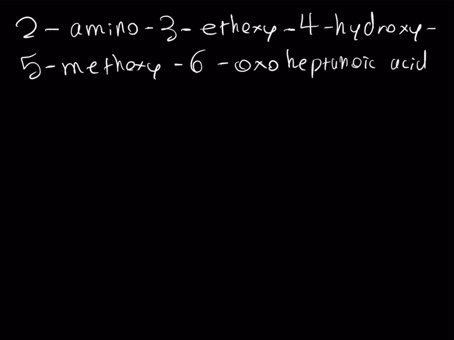So first of all, we have heptanoic acid. This is how you name a carboxylic acid, and because we have the prefix hept, we're going to go with 7 carbons. So 1, 2, 3, 4, 5, 6, 7 carbons. And then I'm going to decide that we're going to start counting the carbons from left to right.